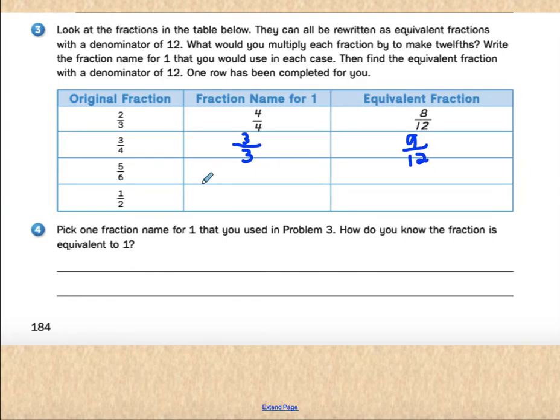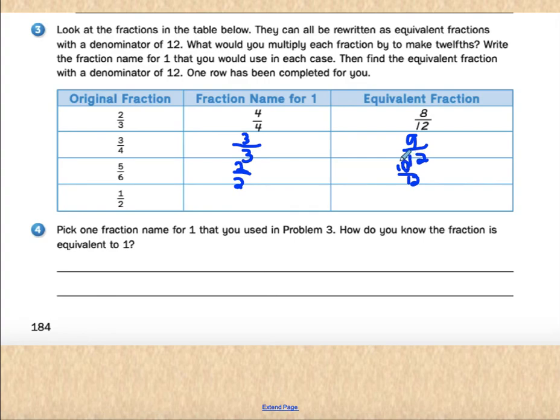Let's jump down here to 5/6. What times 6 gets us 12? It's 2, so we would be multiplying 2 over 2. And then that would end up being 5 times 2 is 10, 10/12.